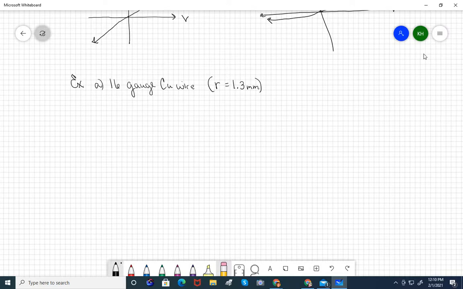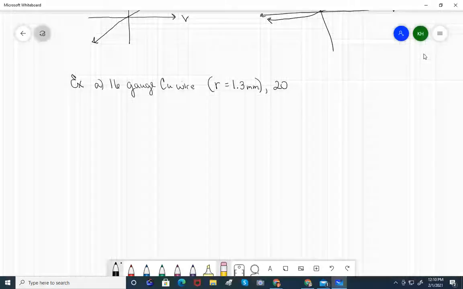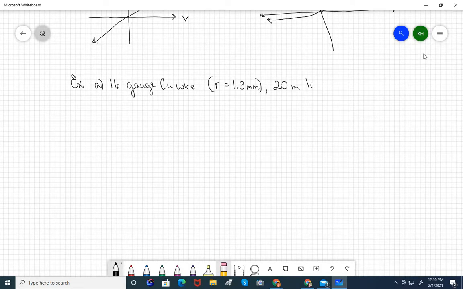And we have a piece of wire that is 20 meters long. The resistivity for that wire we looked up a minute ago for copper is 1.72 times 10 to the negative 8 ohm meters. So our resistance for that piece of wire, just rho L over A.